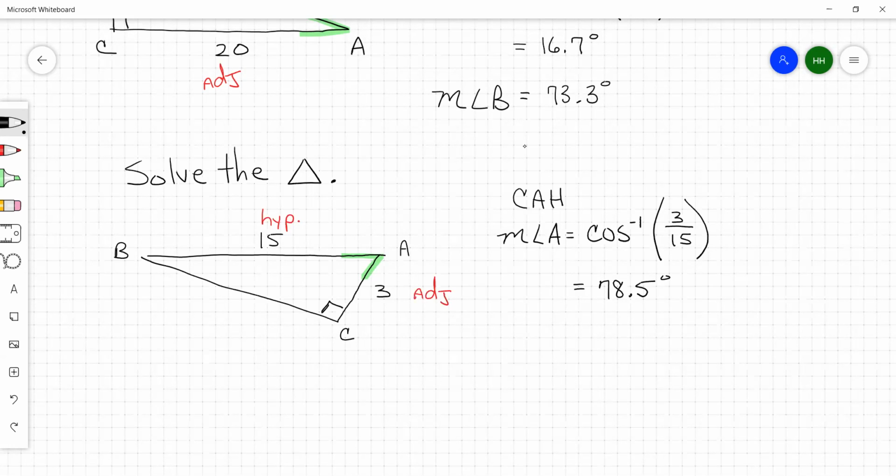So the measure of angle B is going to be equal to 90 minus 78.5, which is 11.5. So we've got an 11.5 and a 78.5.